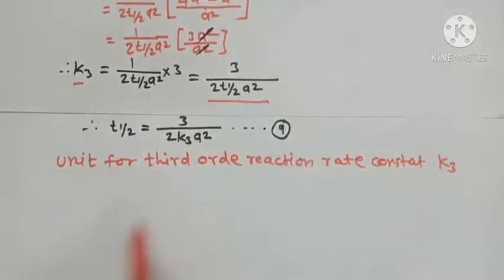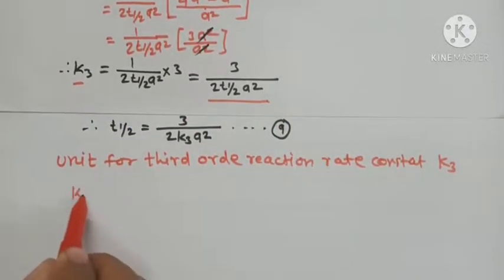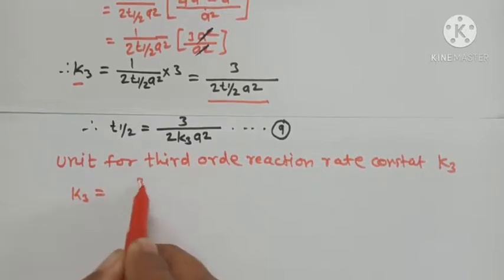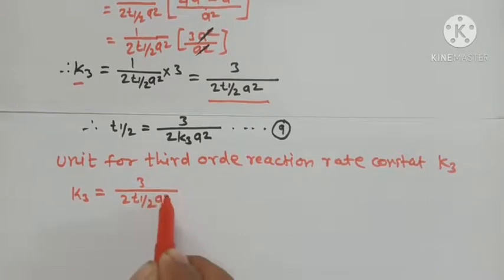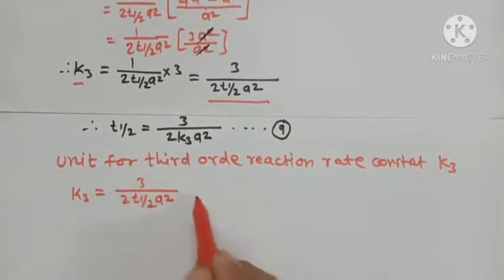What is the equation? k3 is equal to 3 upon twice t half a raised to 2. Very simplified one.